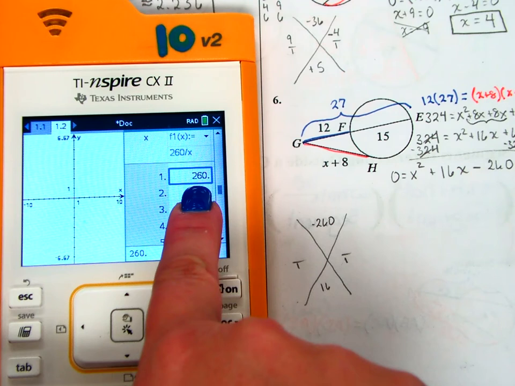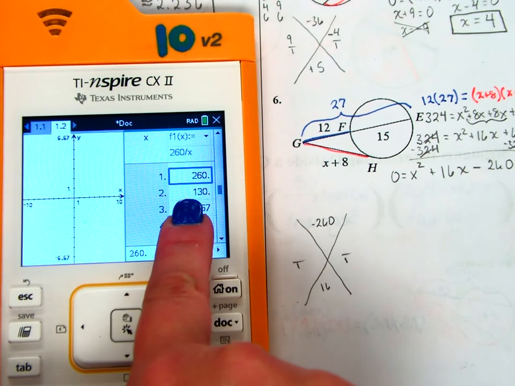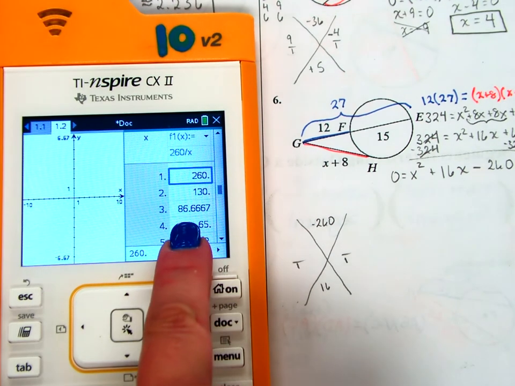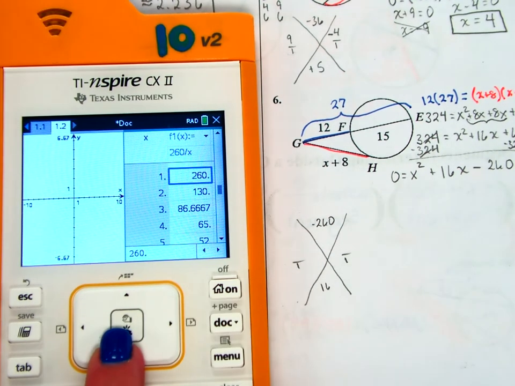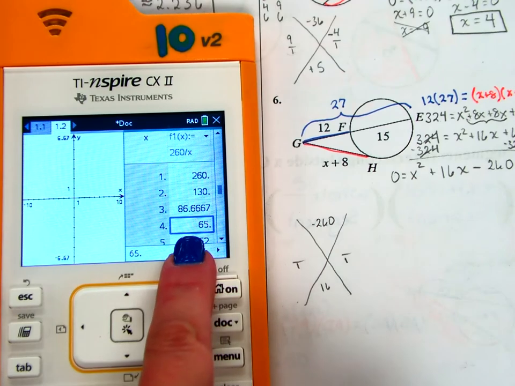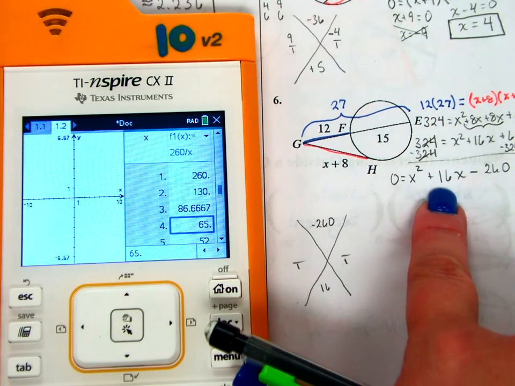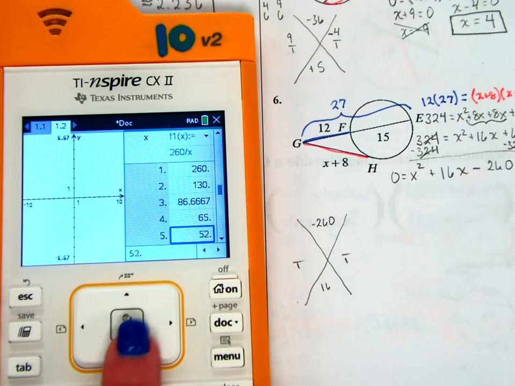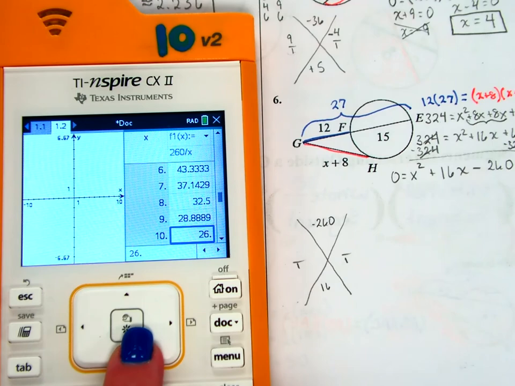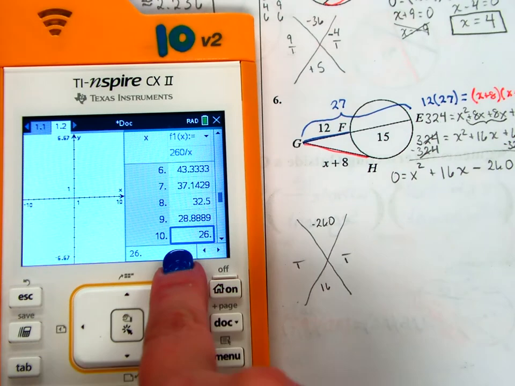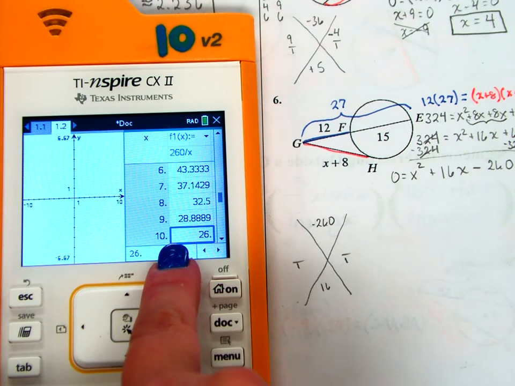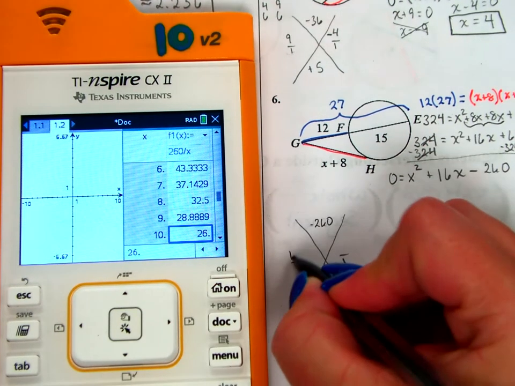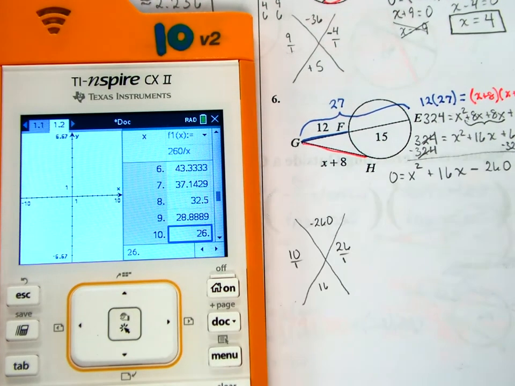But if I look at the table, it'll all of a sudden show me that 1 times 260, 2 times 130, right? 3 obviously doesn't go in evenly, okay? So it'll show me all of them, and I'm just looking for the pair that's going to subtract to 16. So stop me if you see a pair that subtracts to 16. Oh wait, look right here. 10 and 26, right?